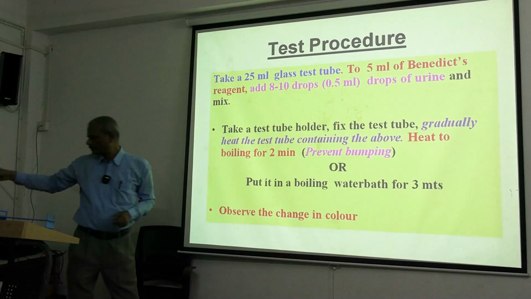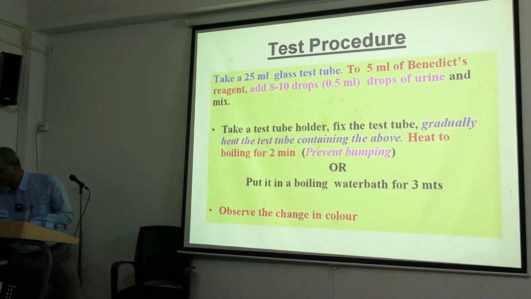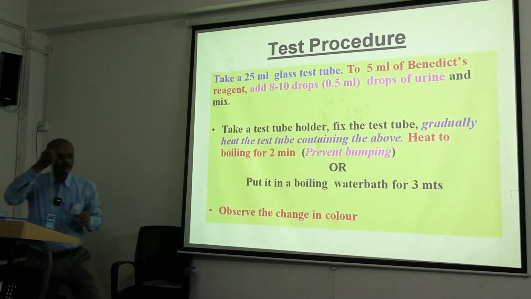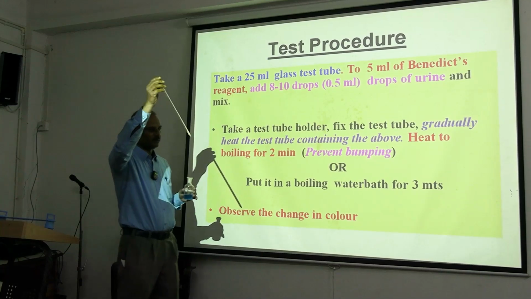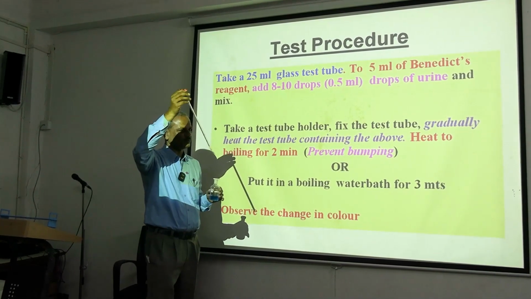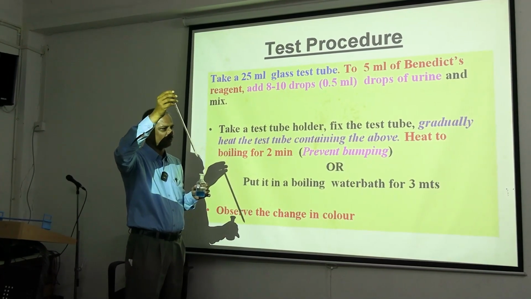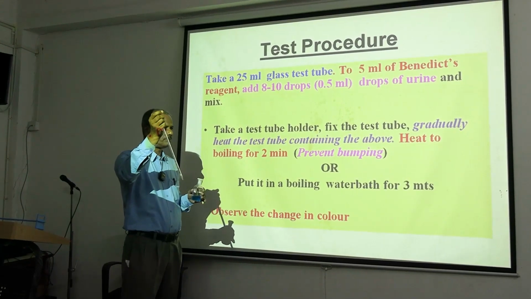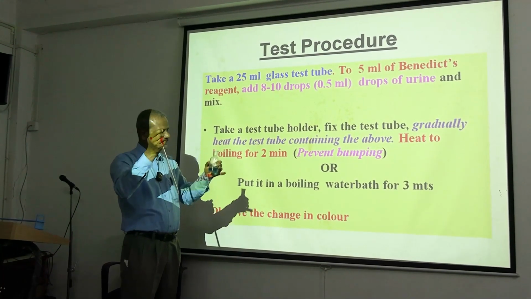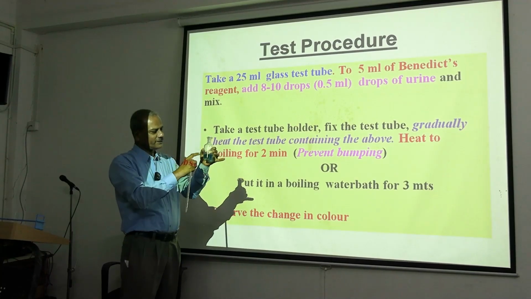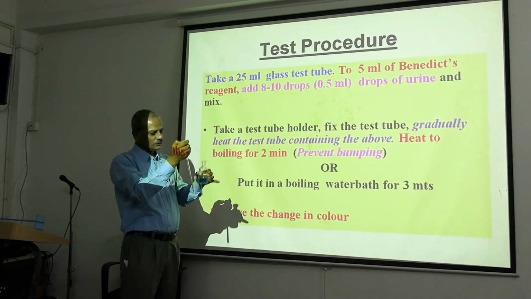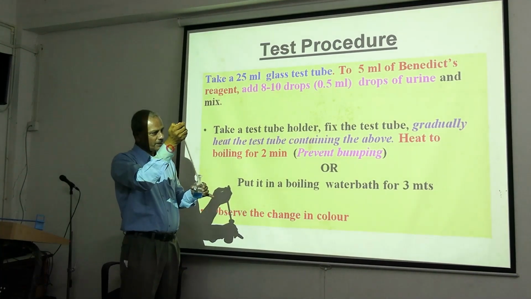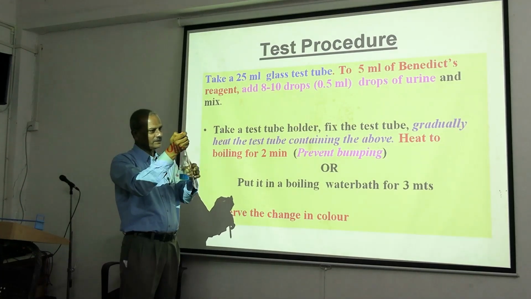You suck 5 ml of Benedict reagent using this pipette. Do not try to mouth pipette. Pipetting by mouth is not allowed, because the reagent can enter your mouth. So you have to practice it. This is a high specific gravity, dense solution, so you have to practice it, otherwise air will enter.